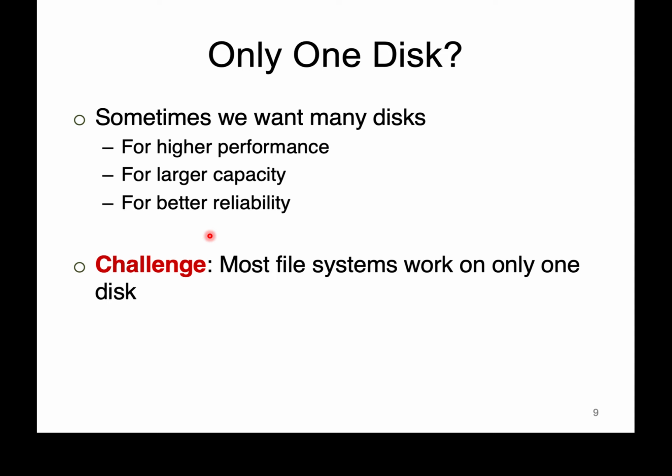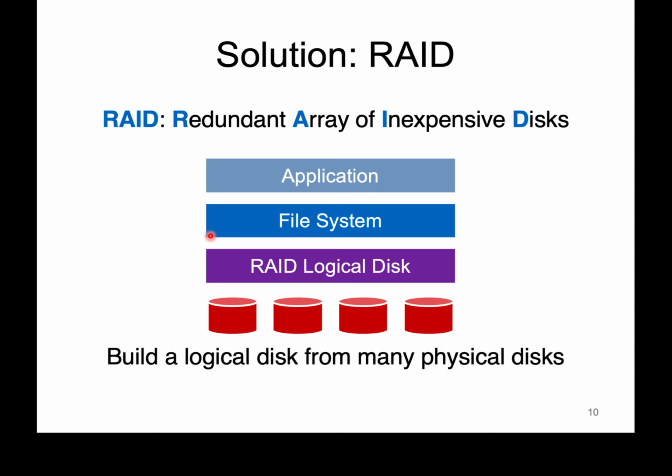By default, they assume the underlying storage hardware consists of only one single device, right? However, with only one single device, we cannot fulfill the performance requirement, the capacity requirement, as well as the more important reliability requirement. This motivates a better software-based solution, which is called redundant array of inexpensive disks, right?